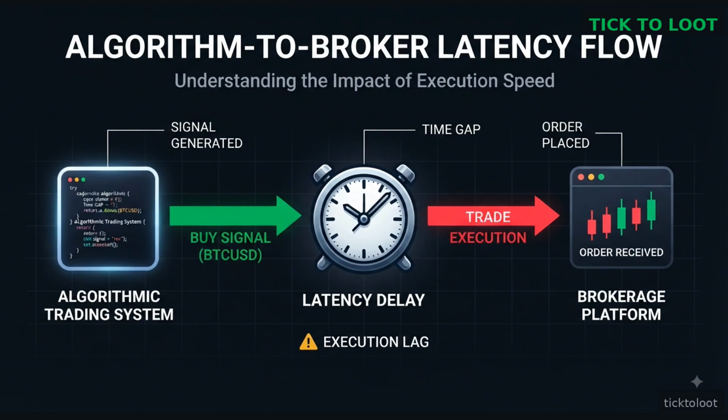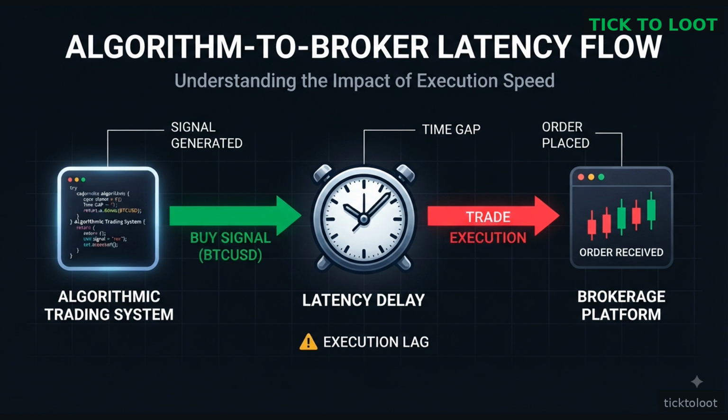To understand latency in algo execution, let's consider a simple example. Suppose you have a trading algorithm that monitors the price of the euro to US dollar currency pair. When the price reaches a certain level, say 1.1000, the algorithm sends a signal to buy. However, due to latency, the trade is not executed immediately.